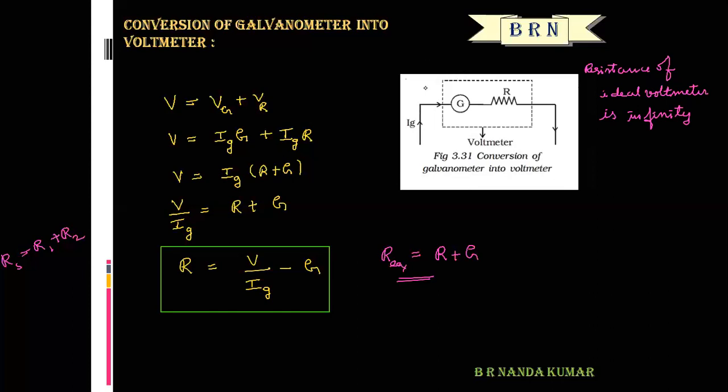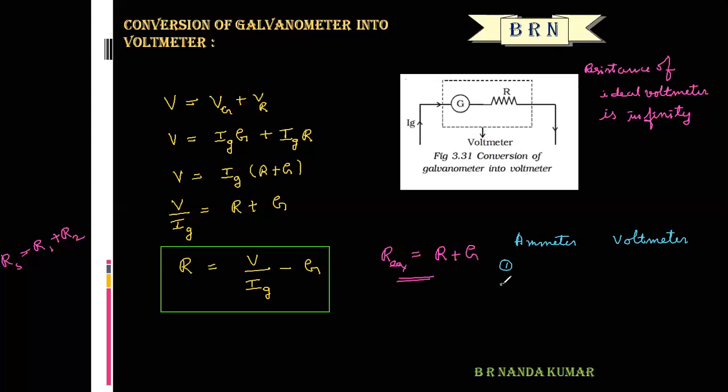Okay, after that, let us discuss the main differences between the ammeter and the voltmeter. An ammeter is an instrument used to measure the current flowing in a circuit. A voltmeter is an instrument used to measure the potential difference across any branch of the circuit.